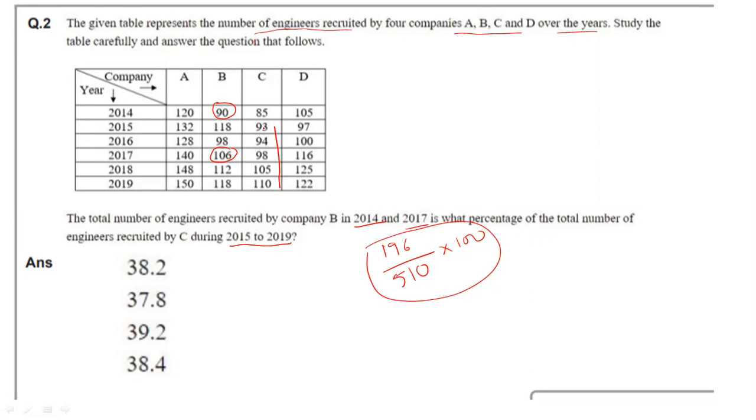I'm actually removing the last digit: 90, 90, 90, 270 and 100 and 100, 470. Again this 348 I added, 485, 490 or 500 exactly. So 196 by 5 is the answer. 196 by 5 is 39.2. Good. Now let's move on to the next question.